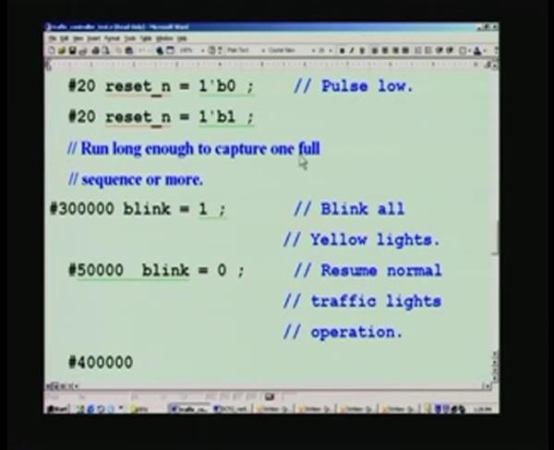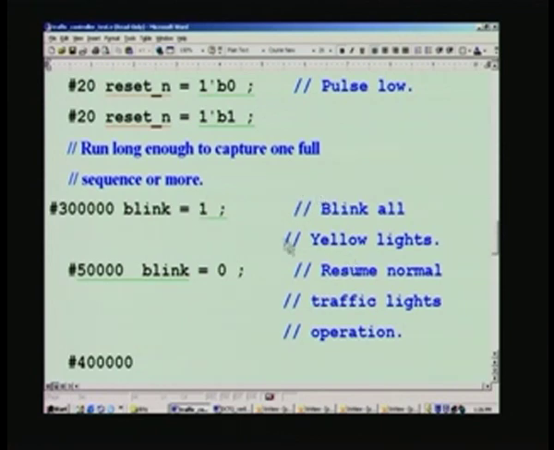I think some 8 sequences were there, which we have already seen earlier in a PowerPoint presentation, and it may be one sequence or more, for which we need at least this many nanoseconds, and beyond which we will activate the blink in order to check whether all lights are blinking. In fact, we have seen the waveform and confirmed earlier that it is really working.